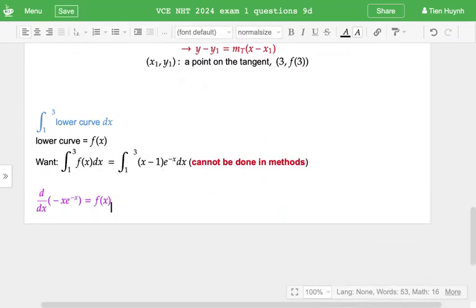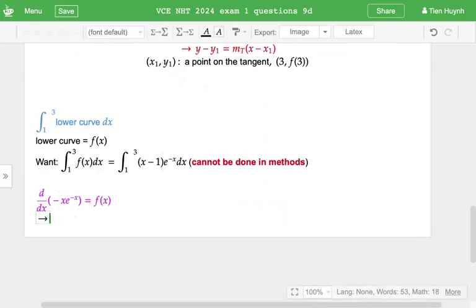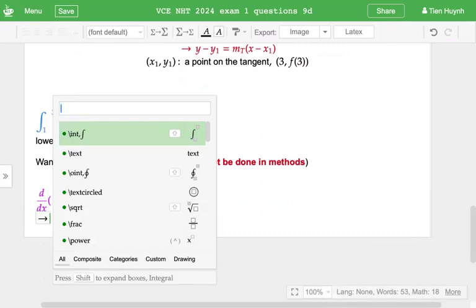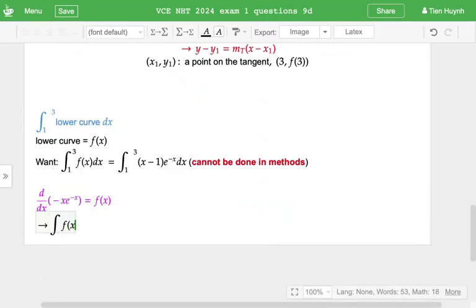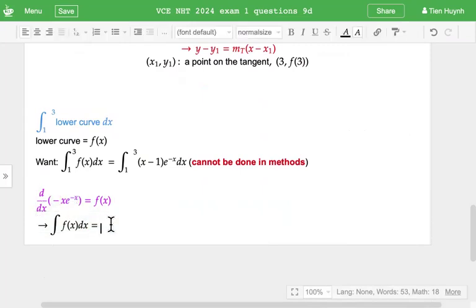And why is that the case? Because you differentiate negative x e to the negative x and you have f(x). So what does it mean? It means that when you antidifferentiate f of x dx, what do you get? You should get this same expression.